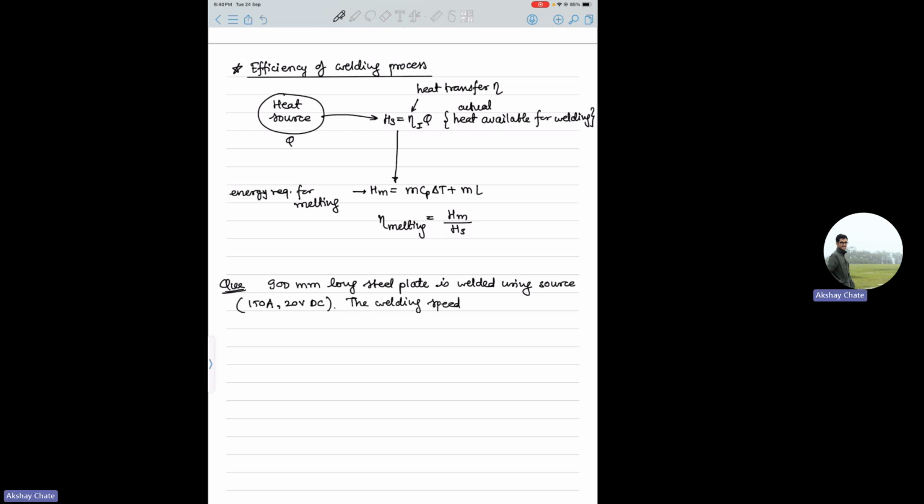Speed is 300 mm per minute. So basically in 3 minutes you are doing one complete length of the weld, and process efficiency is 80%.